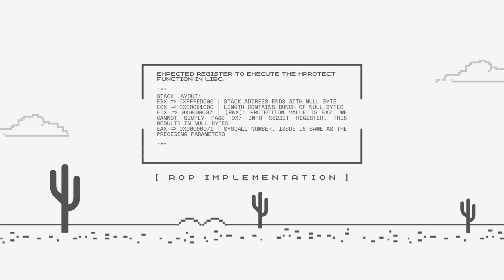This is where ROP really shines. We can use arithmetic gadgets to build these values without null bytes. For example, XOR a register with itself to get 0. Add small values incrementally to reach our target. Use bit manipulation to construct the values we need.